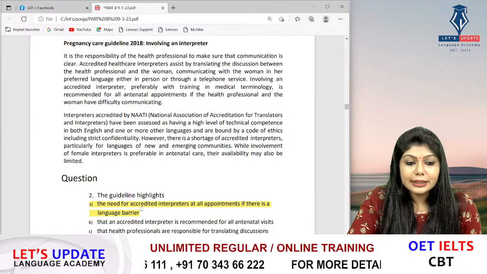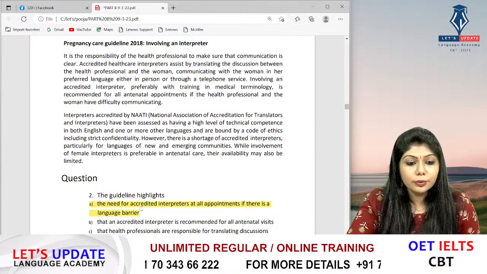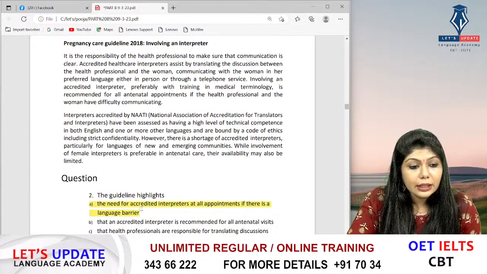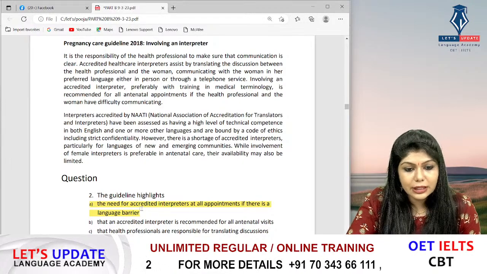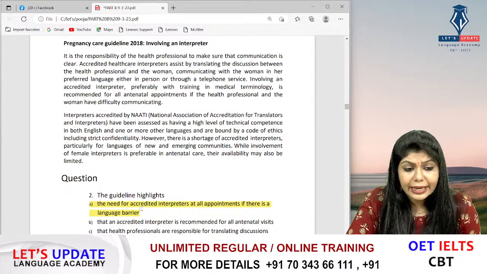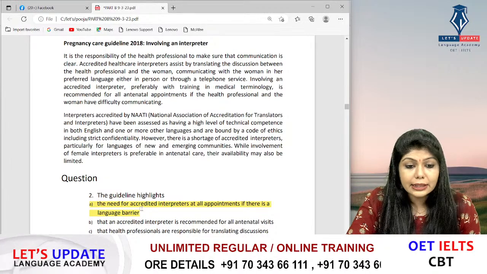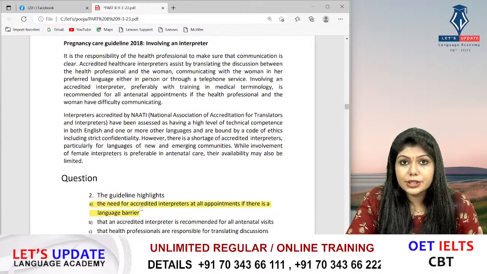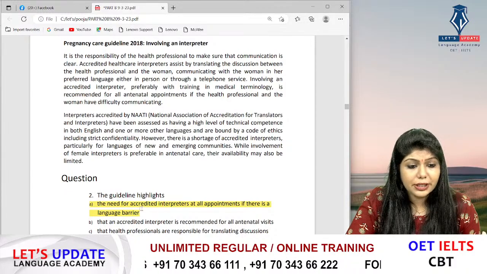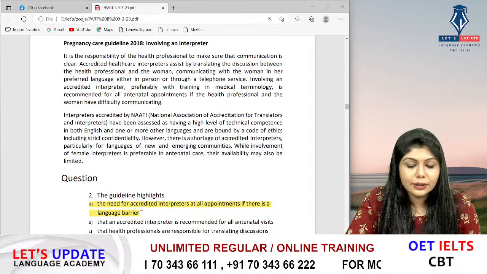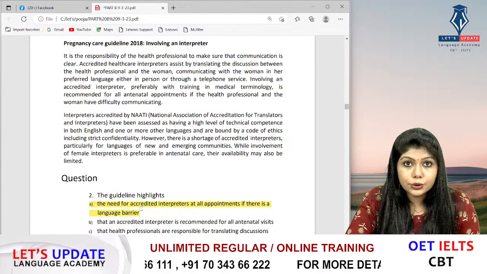Accredited health interpreters assist by translating the discussion between the health professional and the woman, communicating with the woman in her preferred language either in person or by telephone service. Basically, healthcare interpreters are there assisting with the translation of the discussion between the healthcare professional and the patient, and here they have referred to women. So there will be healthcare interpreters to do this.